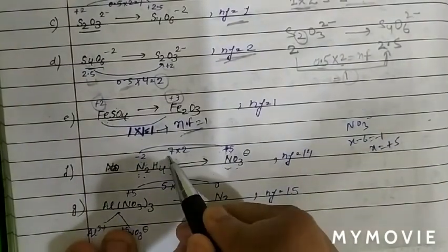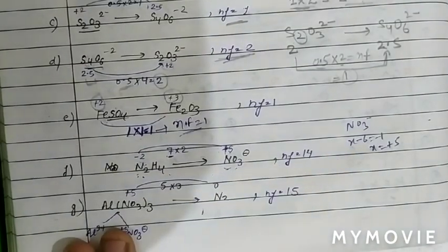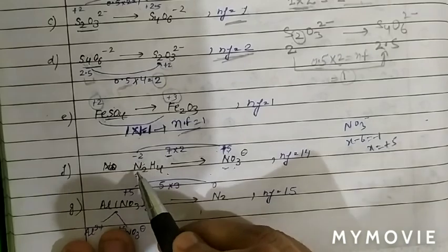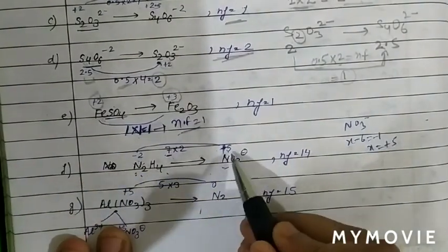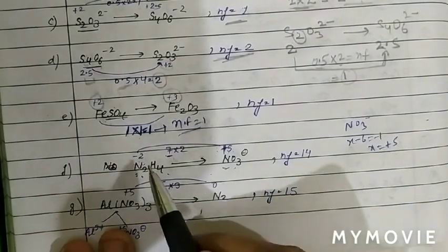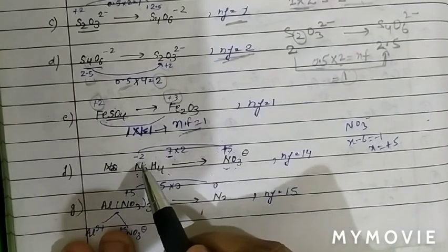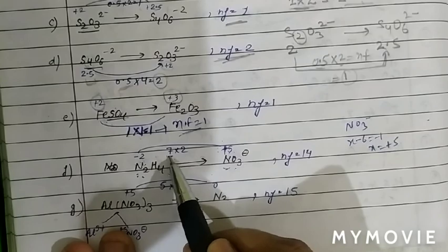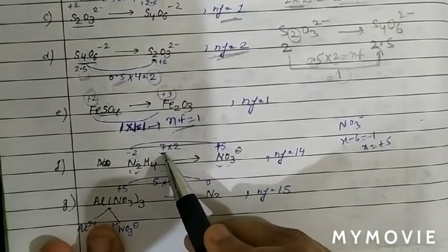And how many atoms are there? 2 atoms. Therefore multiply the change by the number of atoms. So the n factor of this reaction is 14.